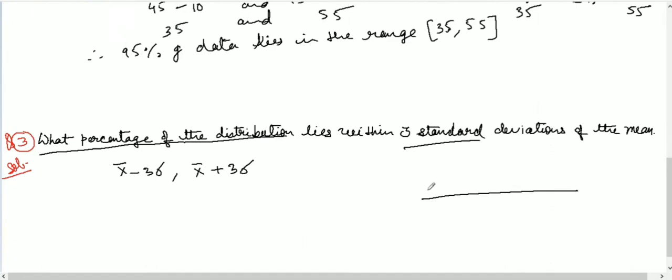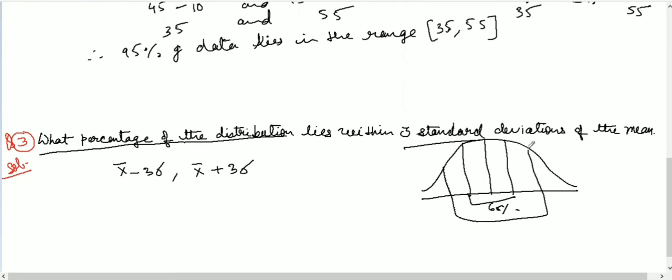So you know that within 1 standard deviation it is 68%, within 2 standard deviation 95%, and here it is saying within 3 standard deviation. So within 3 standard deviation, 99.7% of data lies.